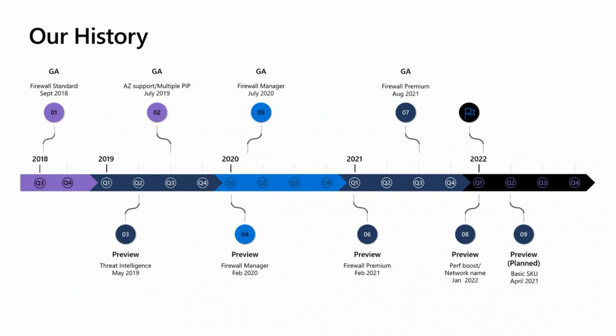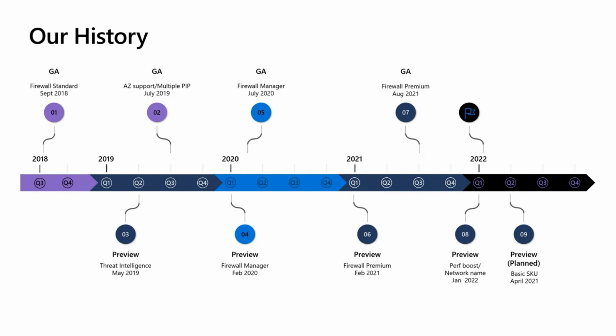So just to get a glimpse into the journey of Azure Firewall, Standard went GA in 2018. It is the first cloud-native firewall. Before that, there wasn't a cloud-native firewall. But once it is there, we really got a lot of interest. And as you see here, the journey, all of the requests come from the customer, right? Feedback comes from the customer, and we add features.